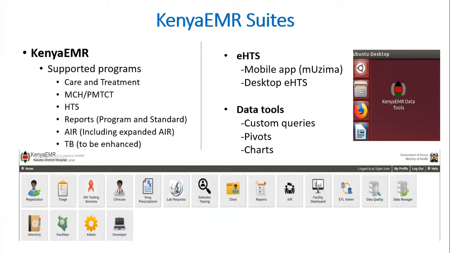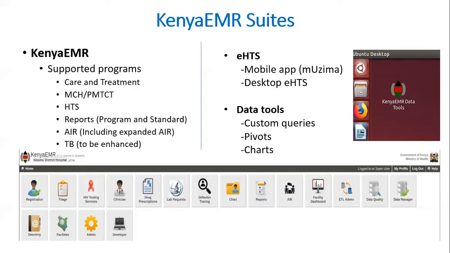So I'm going to take you through the KenyaEMR upgrade from version 16.x to version 17. Before I take you through that, I would like us to look at KenyaEMR and the program areas that it supports, and some of the suites that are included within KenyaEMR.